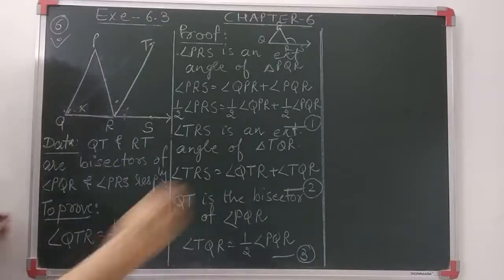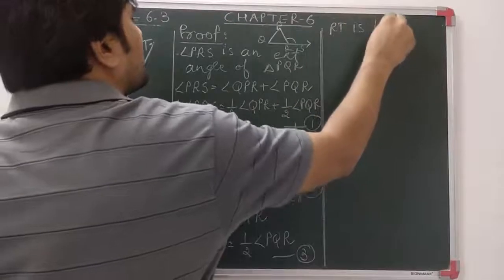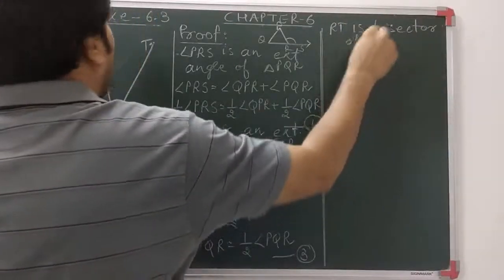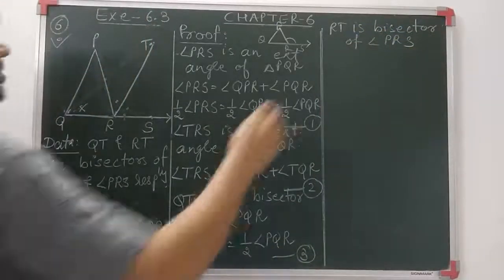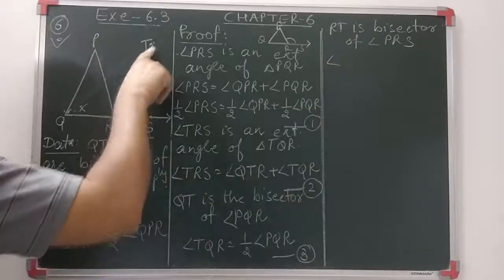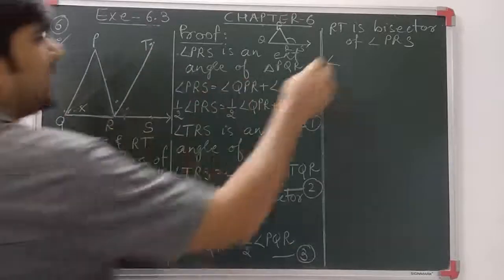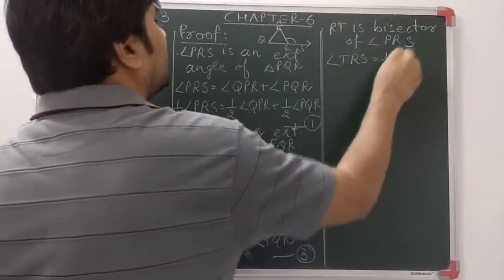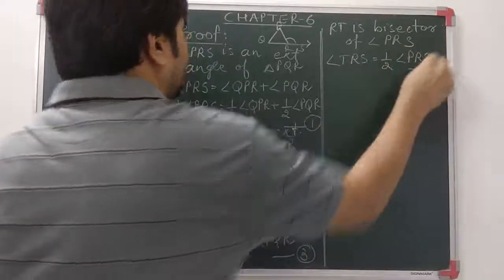So let's note it down that RT is the bisector of angle PRS. Like the same, we'll note it down: PRS, and this is the bisector. So we can write that TRS is half of PRS. Again, we'll use this later on.